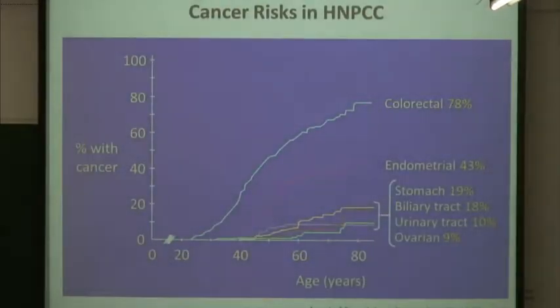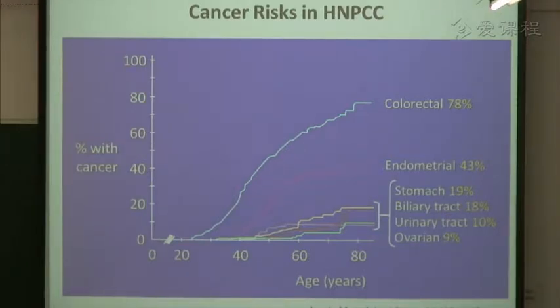As you can see from this figure, the risk of cancer for patients with HNPCC, for example colorectal cancer and endometrial cancer, will increase dramatically with the increase of age. So these are the three types of cancer genes.